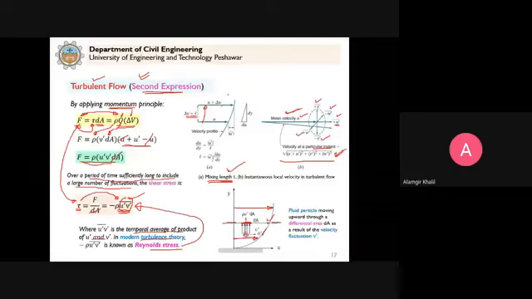You understand? It is moving from a slow moving layer to a fast moving layer, so it will bring a negative change in the velocity for this layer.